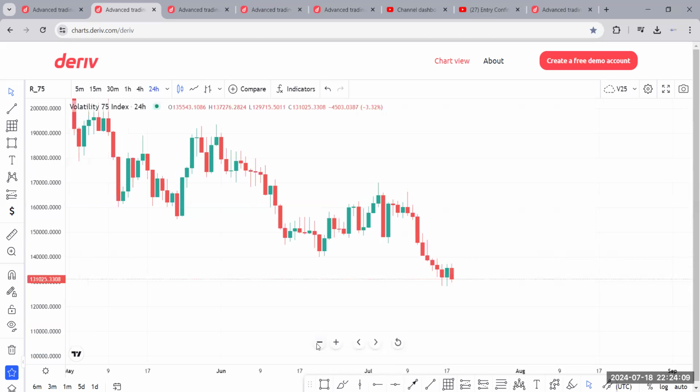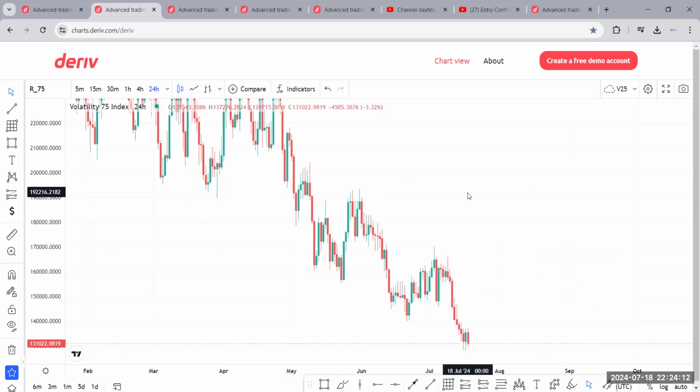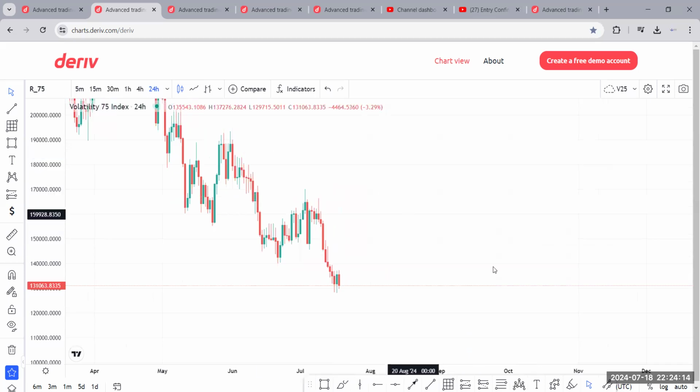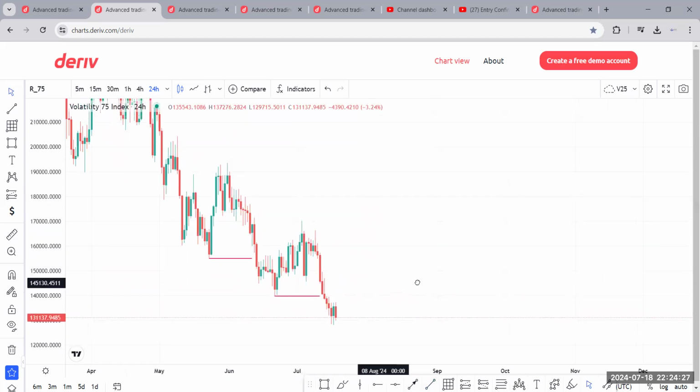It's been bearish. All right, so marking our structure, we have this break of structure right here. Price went ahead to break this structure again on our daily time frame.